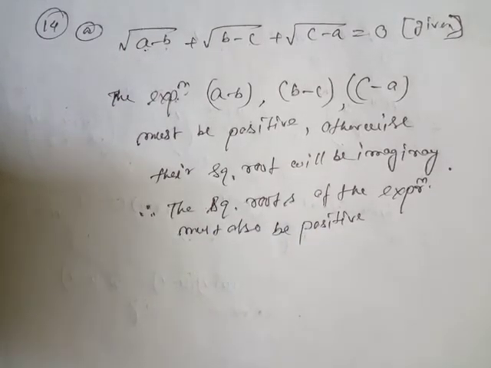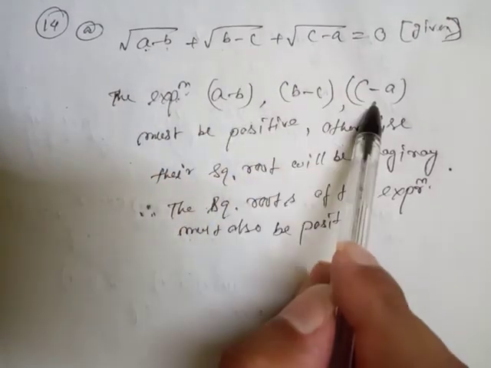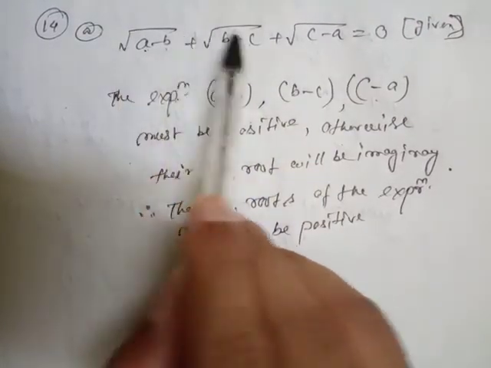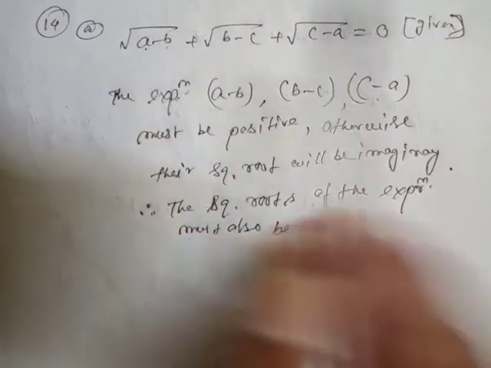Now look, what is the expression? Which means this one. If their difference is positive, then their root value, which means the square root value, is also positive, not imaginary. Imaginary means there is no minus sign inside the root.